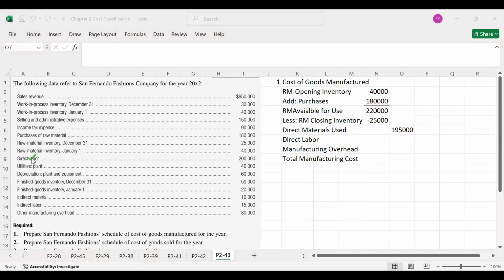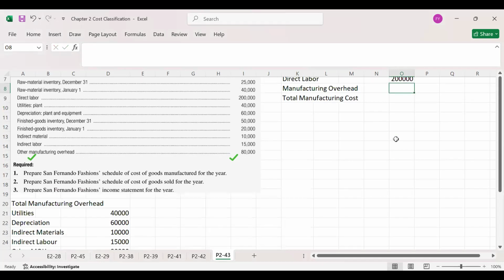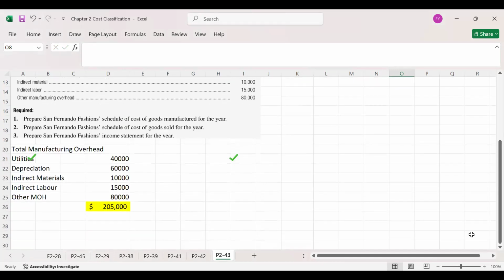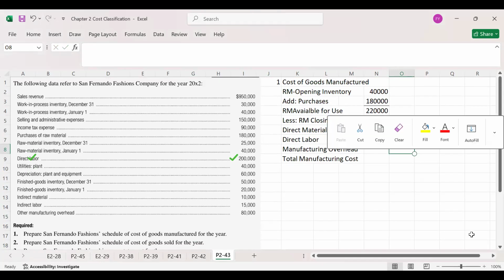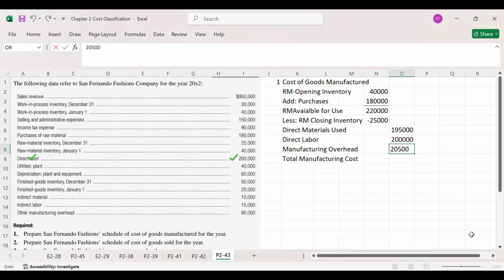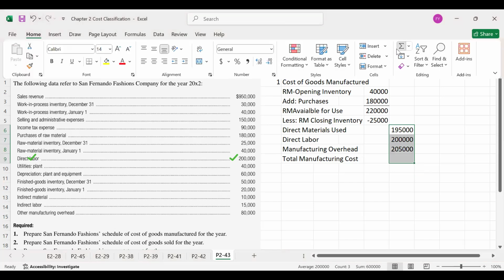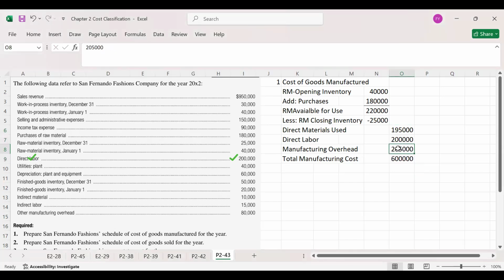You can say this one. So direct labor is 200,000. So we add 200,000, and we have calculated MOH cost, which is 205,000. So we add all these three to get total manufacturing cost. So total manufacturing cost is $600,000.